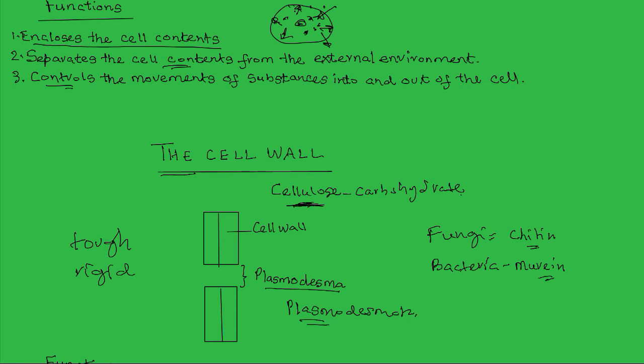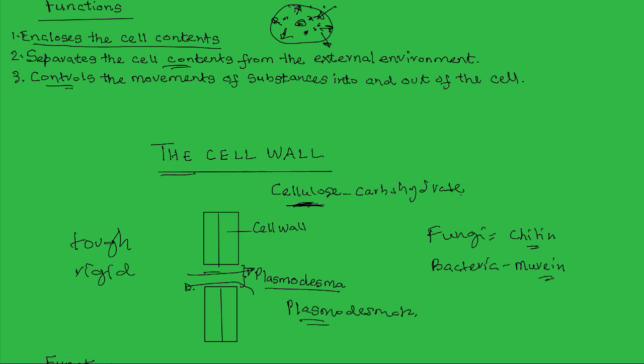So from one cell to the next, those substances that cannot pass through the cell wall and the cell membrane are shunted through the plasmodesmata. So the plasmodesmata allow for the transport of substances from one cell to another, and this usually occurs through certain tubular structures that pass through the plasmodesmata from one cell to the other.